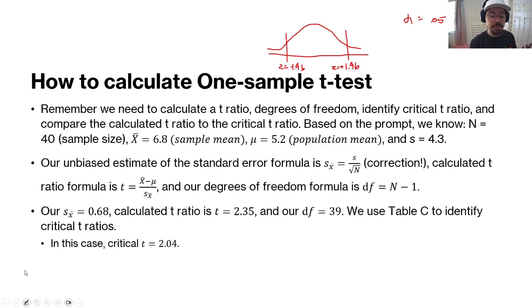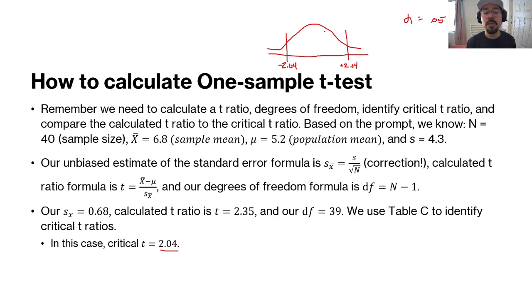So what this means then is that instead of our boundaries falling at a z-score, our boundaries are falling at the critical t-score that we just pulled from Table C. So if we have a critical t of 2.04, that means that 2.04 is our critical region boundary on either side, 2.04. Table C, just like Table A, does not show you negative values.